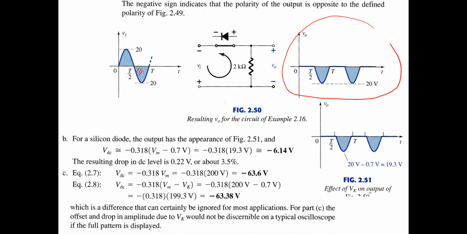Because this is using silicon, we put the equation VA minus 0.7, so we get that VDC is minus 6.14 volts. It is negative because it only conducts in the negative cycle.